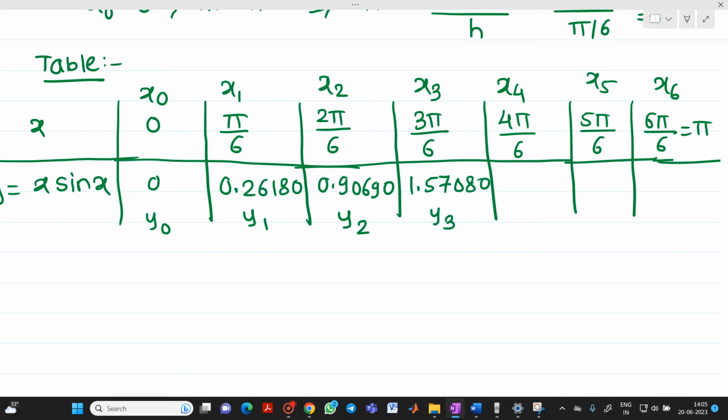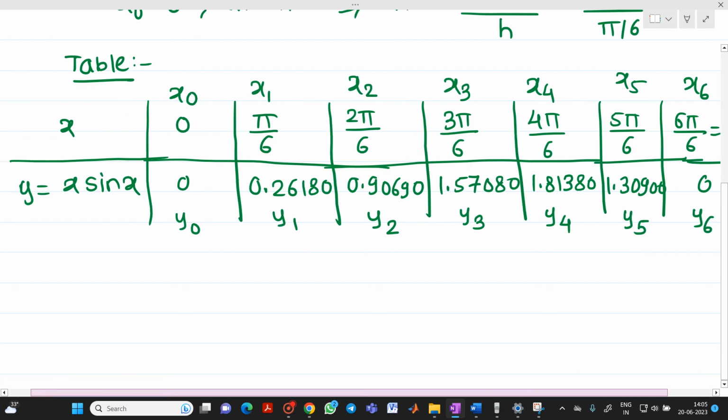For 4 pi by 6, 1.81380, which will be treated as y4. For 5 pi by 6 it is 1.30900, so it will be y5. And for pi it will be equal to 0. So this is your y6. Now the table has been prepared.